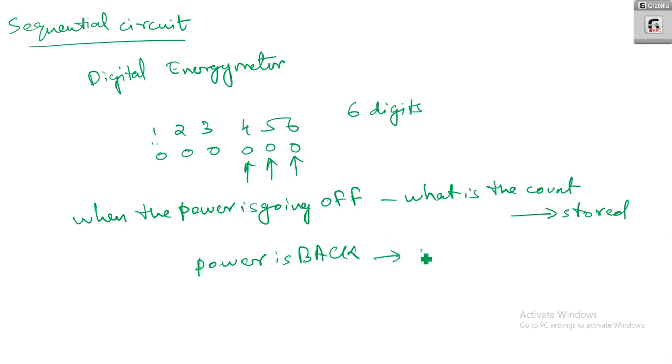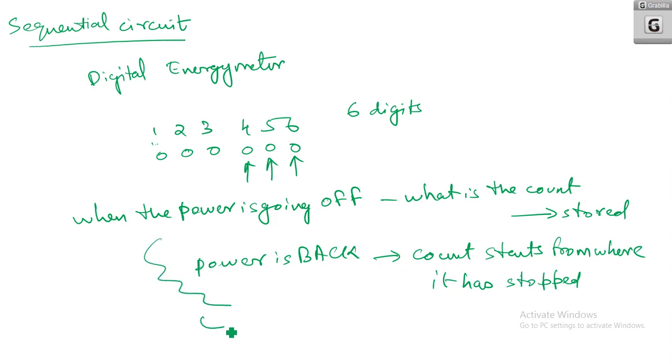The count starts from where it has stopped. Now if you are reading through the lines, what does that mean? This process requires memory.